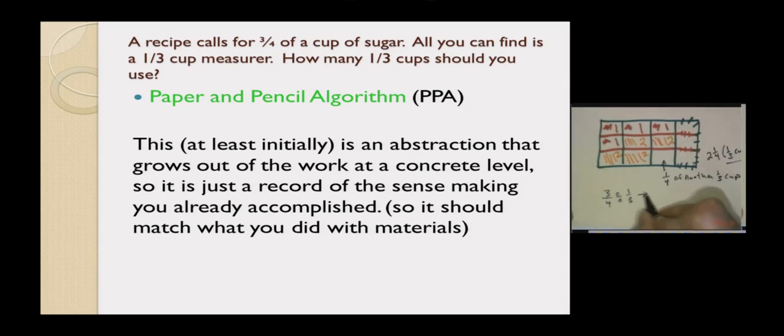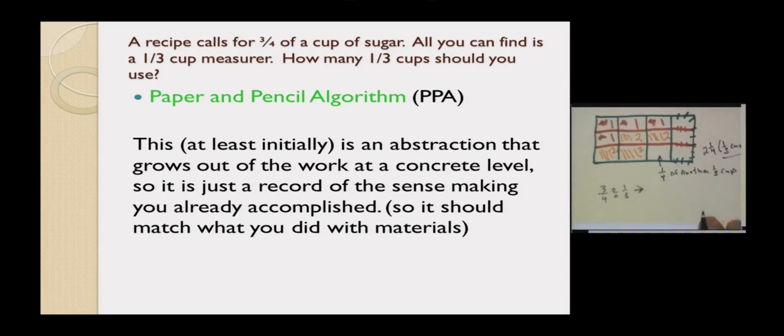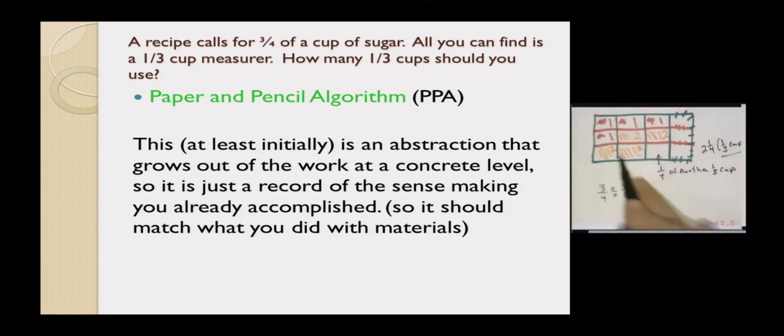Well, what really happened to this? If you look back in the area model, the 3/4 actually became 9/12. That's an equivalent fraction. And we're dividing by the 1/3, but what did 1/3 become? Well, when we did those subdivisions, 1/3 is 4 whole 12ths.